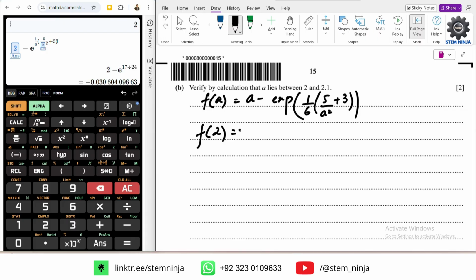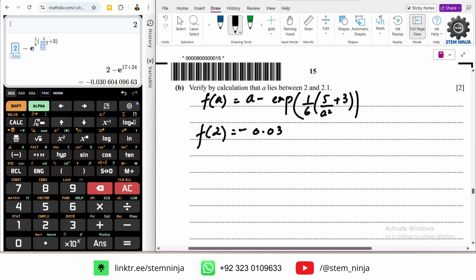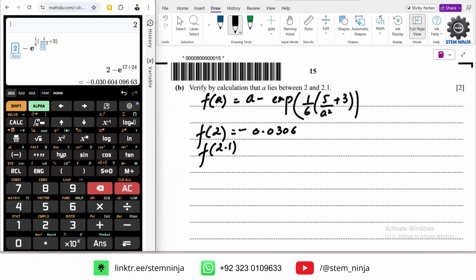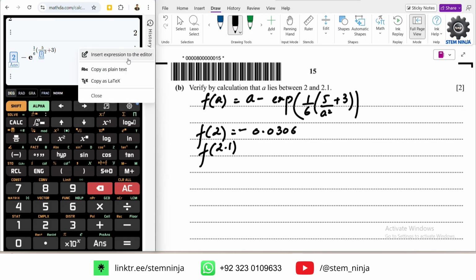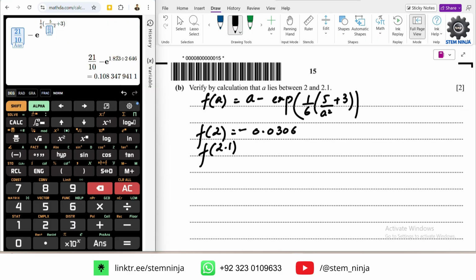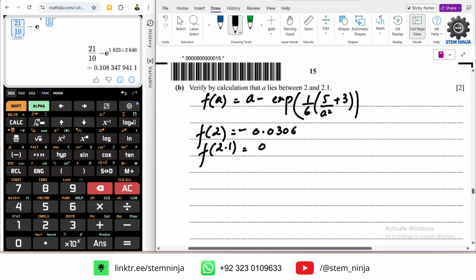So the first one is minus 0.0306, and then f of 2.1. If we repeat the same process with 2.1, we get 0.1083.